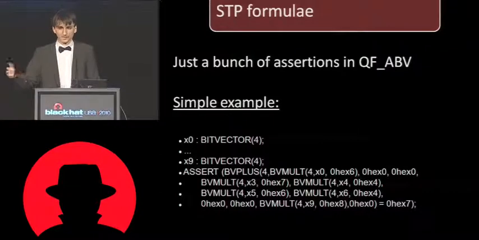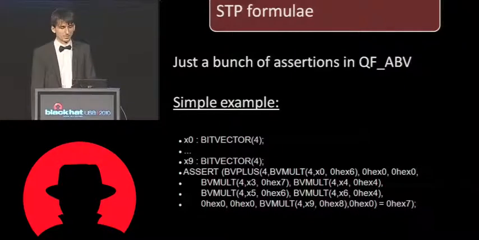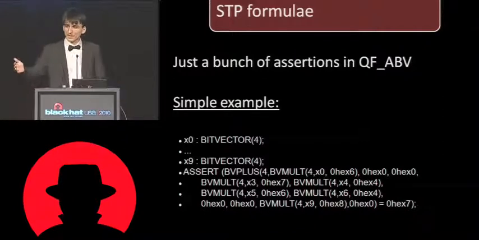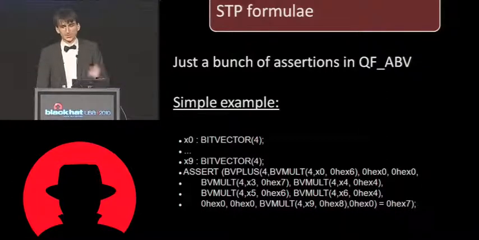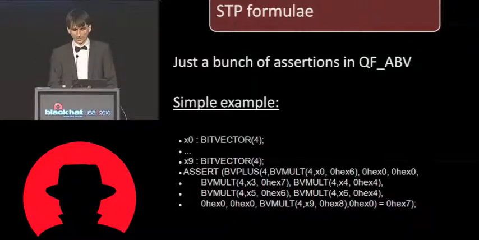It's called SMT, satisfiability modulo theories, and this is one of the simple modes that you can deal with. A simple example in this STP language would be just an assertion for a simple formula that involves additions and multiplications. Obviously, that's very simple. Usually, we will have much bigger things. This is just 10 different variables of 4 bits each.